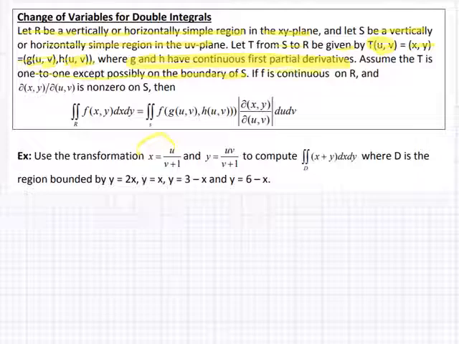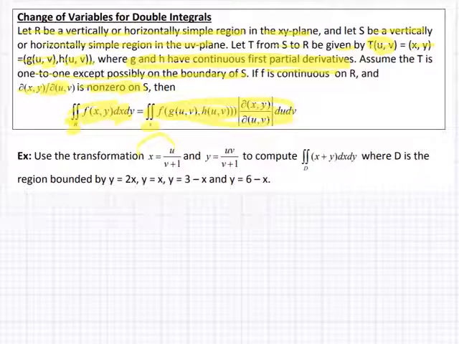If f is continuous on R and this Jacobian is non-zero, then we should be able to take this integral that has x's and y's in it, over this region R, which is in terms of x and y, and switch it over to this integral, which is now u's and v's, and the region in terms of u and v is now S. So we're integrating over this region S instead of this region R. But look at the pieces here.